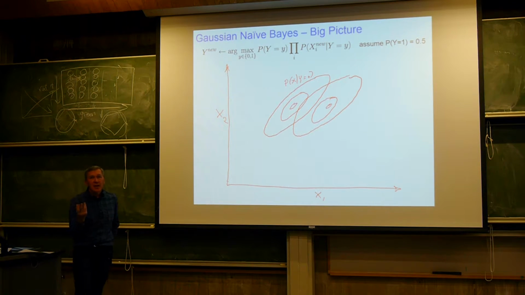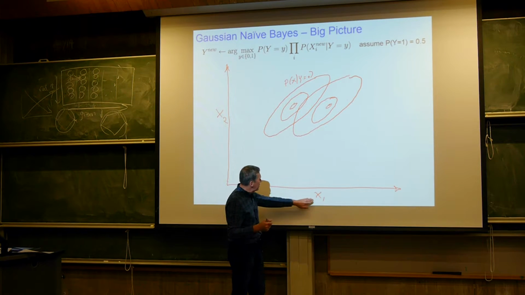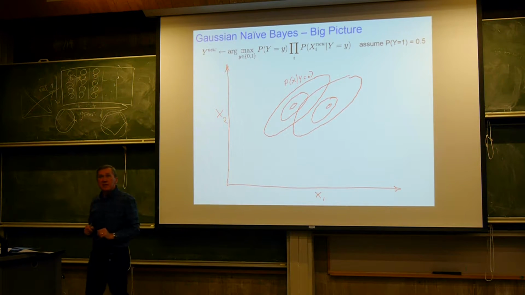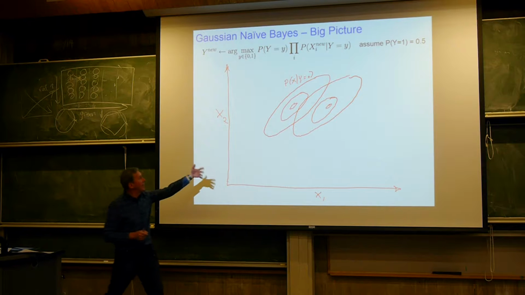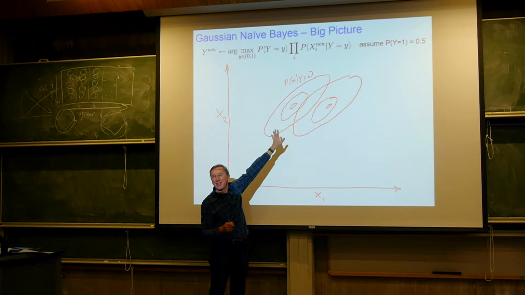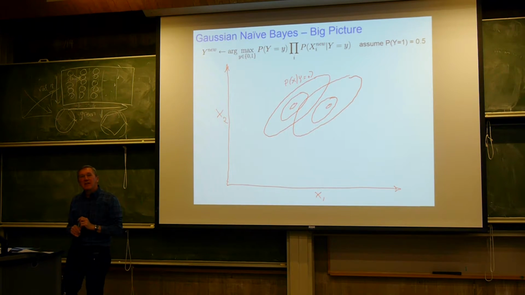First of all, if we're going to train Gaussian naive Bayes, we have to estimate those different Gaussians: the probability of x1 given that y equals 0 and the probability of x1 given that y equals 1. So what will those look like if I have infinite training data that represents these two distributions?